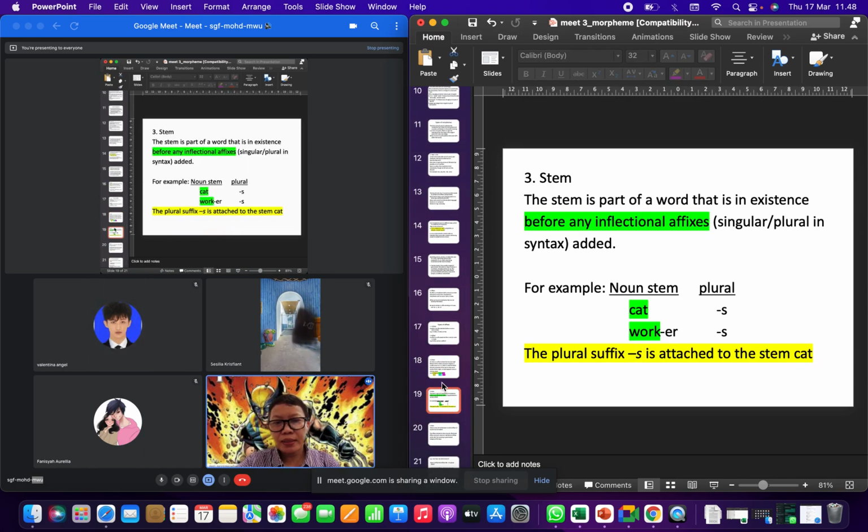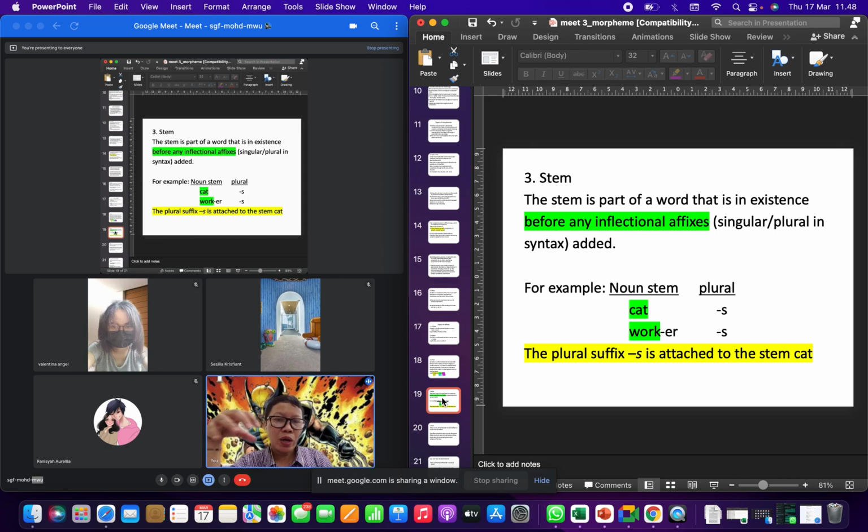Okay, next, the third, we talk about the stem. You have already heard that I said stem, and then root and base. Now let's see what is stem. If we talk about root, we talk about the base form that probably can be modified by the use of affix.